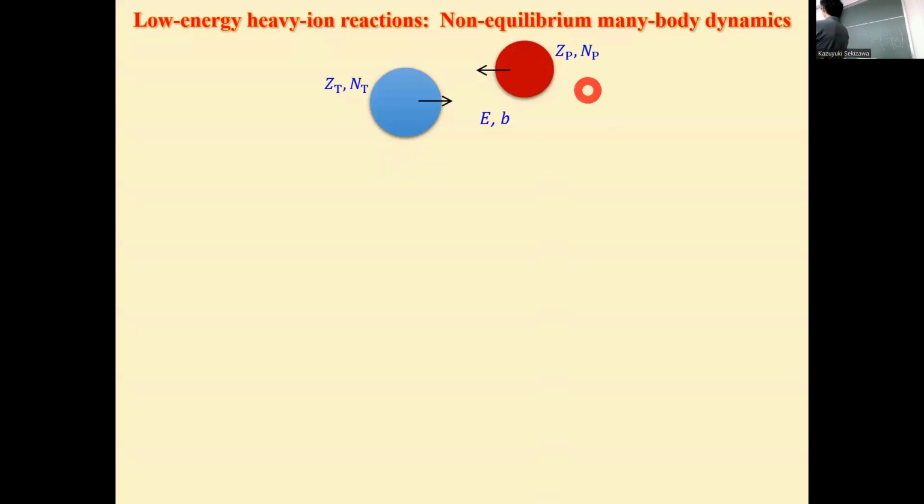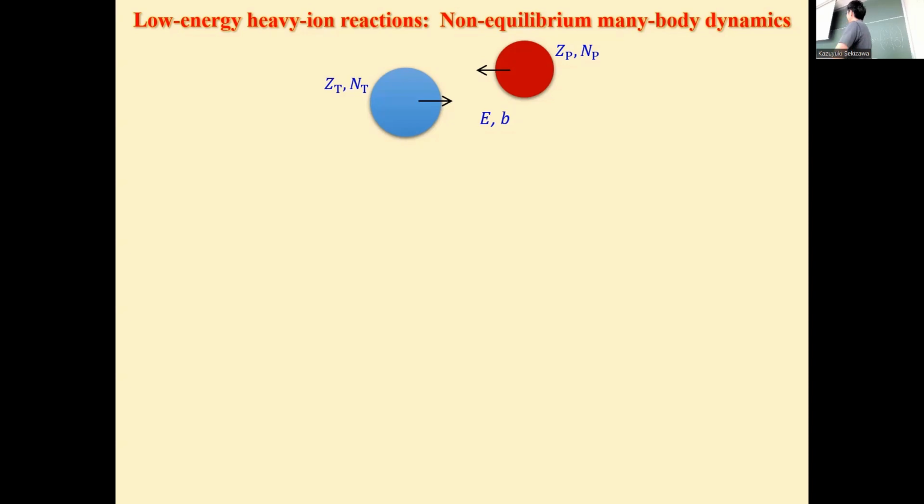The parameters that characterize the heavy ion reactions are the charge and neutron numbers of the colliding nuclei, Zp, Np, Zt, Nt, and of course the incident energy and the impact parameter. The impact parameter describes the non-centrality of the collision, or it is related to the angular momentum of the reaction.